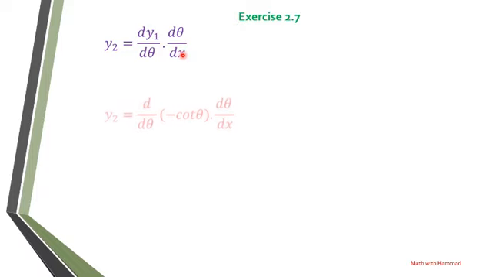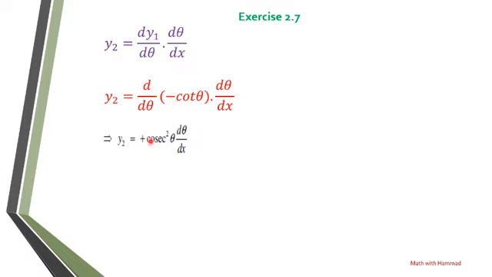And what is the value of y1? The value of y1 is minus cot theta, and the value of d theta by dx we found earlier. The derivative of cot theta is minus cosecant square theta, and minus into minus is plus cosecant square theta, into d theta by dx, and the value of d theta by dx is minus 1 over a sin theta.